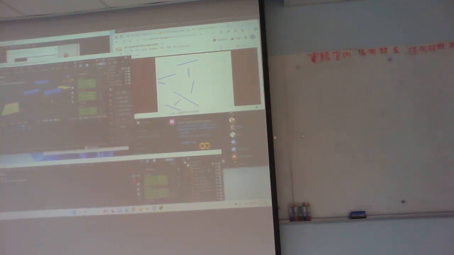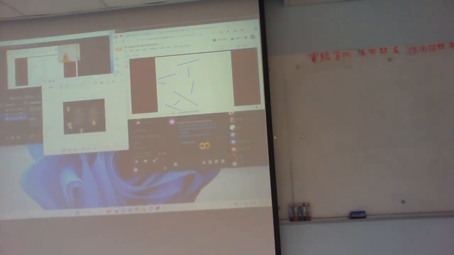And then you can look at the images that you would get from the robot. Right?